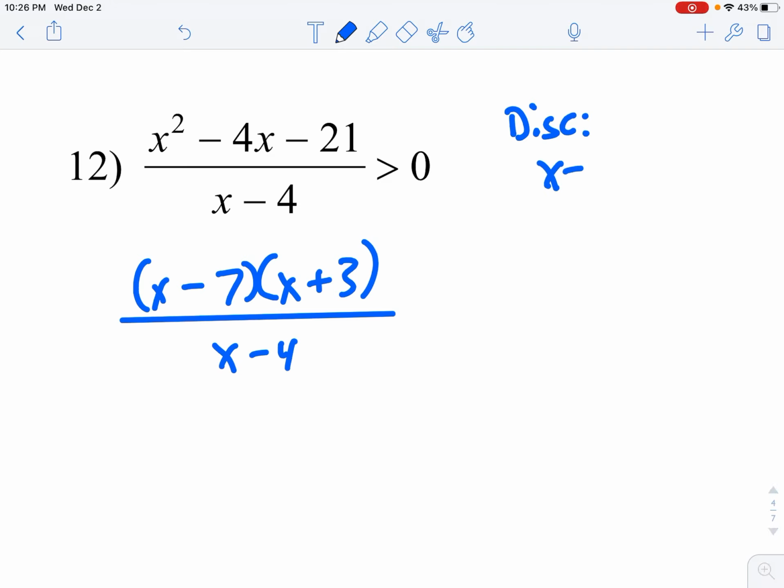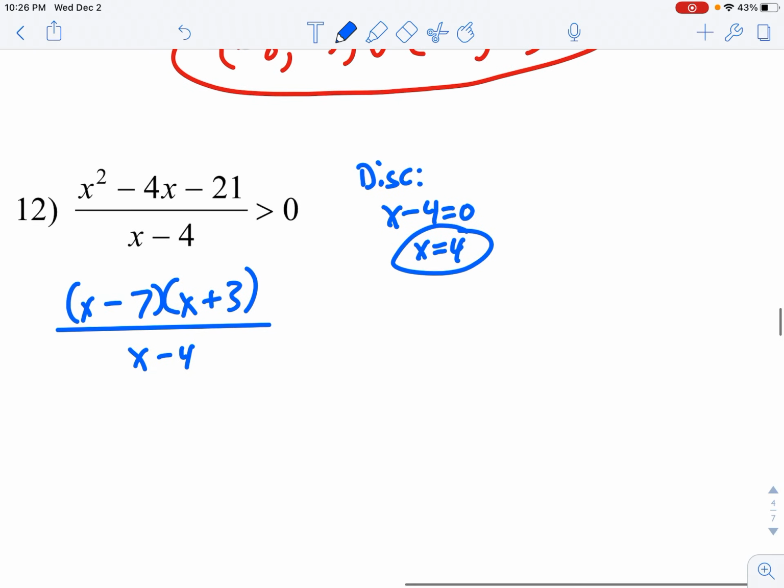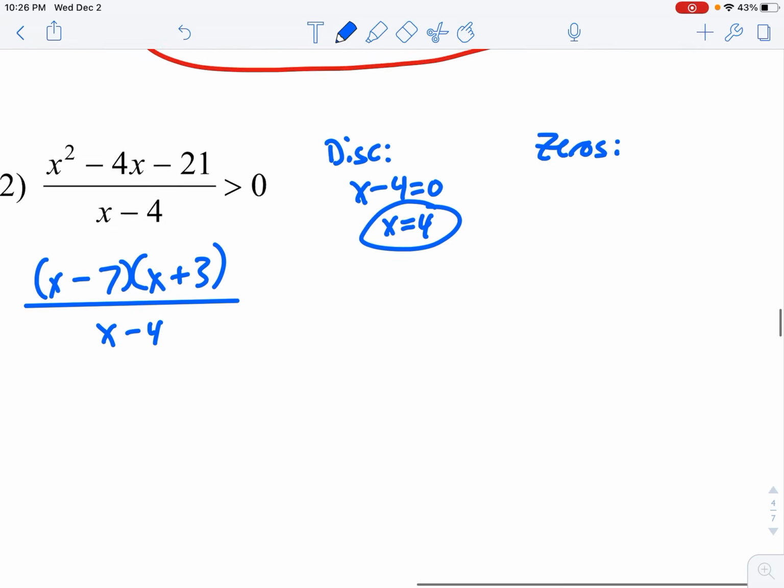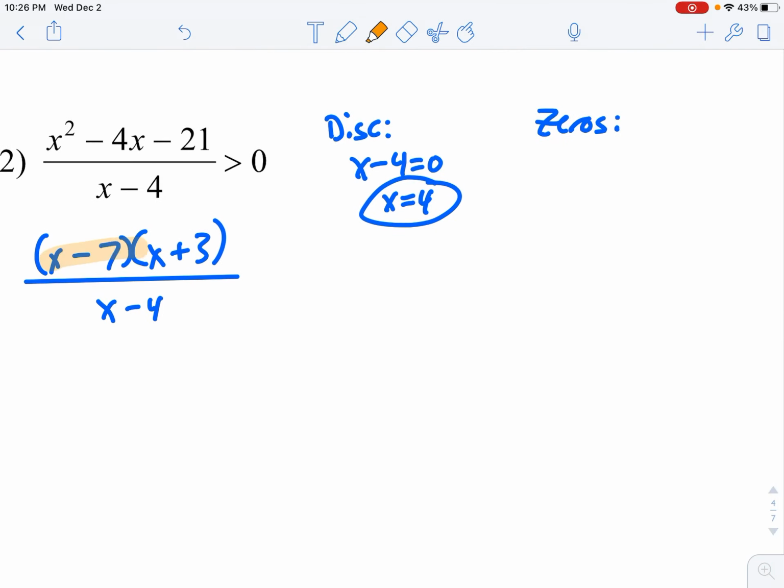Set the bottom equal to 0. You get x equals 4. So there's one critical number. Zeros, set the top equal to 0. And since the top is already factored, you just go x minus 7 equals 0, x plus 3 equals 0. Solve them both. X equals 7, x equals negative 3.